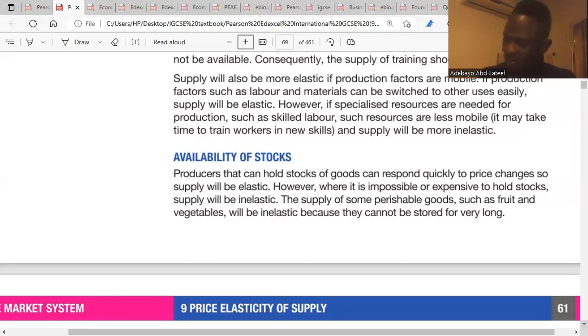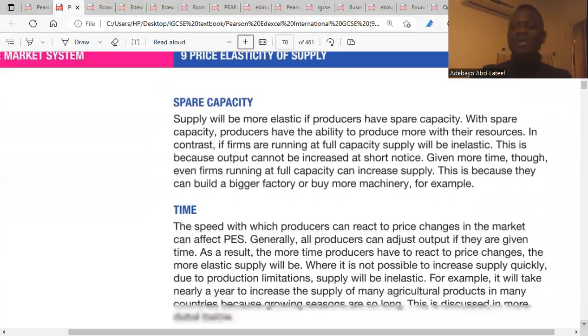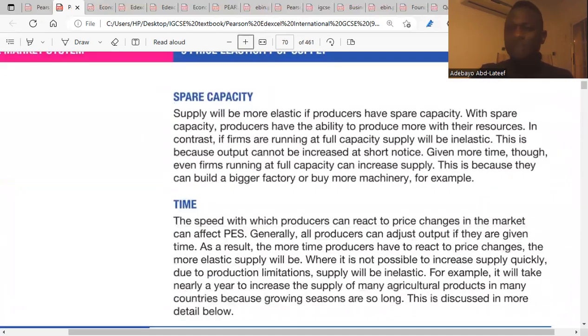Is it clear? The third one, spare capacity. When you talk about spare capacity, we're talking about the warehouse. We're talking about the ability to have equipment and machinery to produce such products. Supply will be more elastic if producers have spare capacity such as a big factory or more machinery.